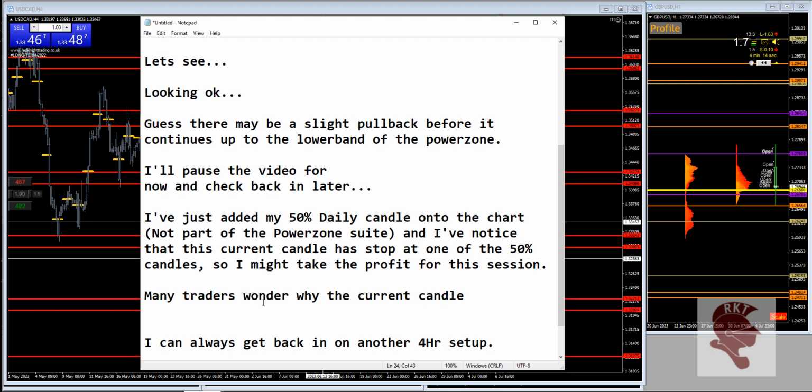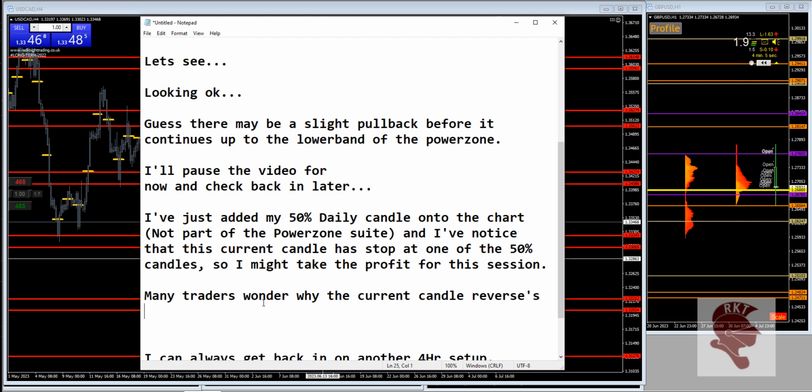So I set mine to a daily candle. So if price doesn't reach the next zone in the time period that I expect, then I've got a good idea of what's probably going on in the background.